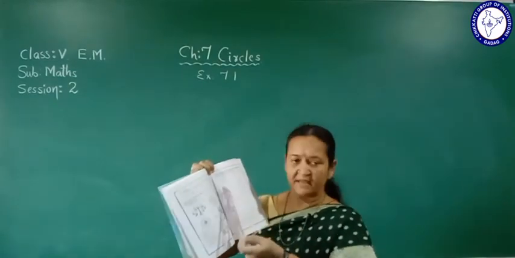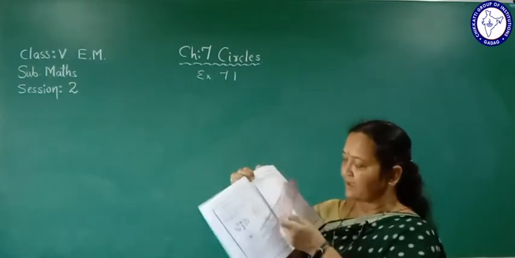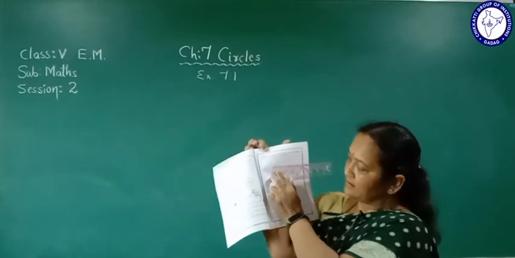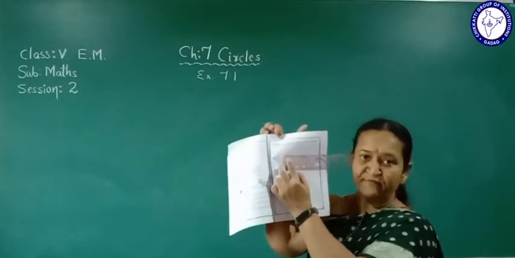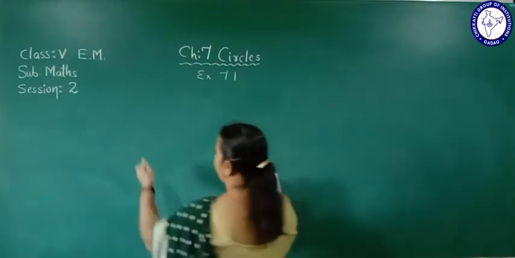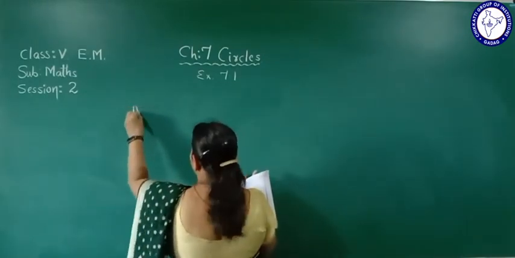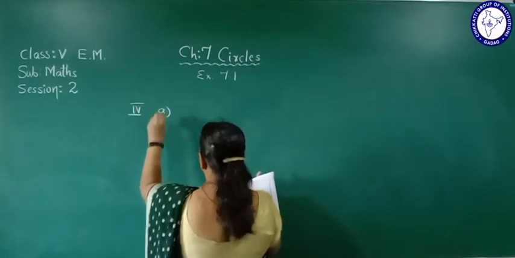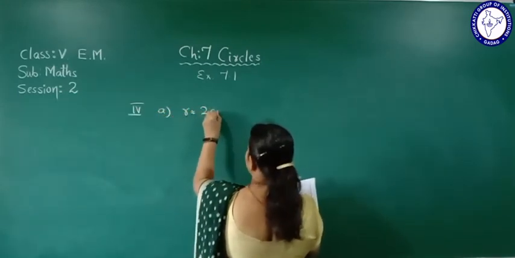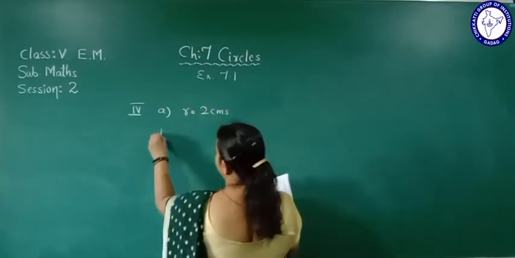So first figure A, if you keep your scale here, then you will find it is 2 centimeters. So fourth main question A, R equals, you will find 2 centimeters. Okay.